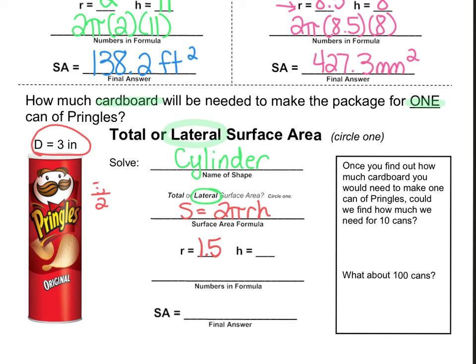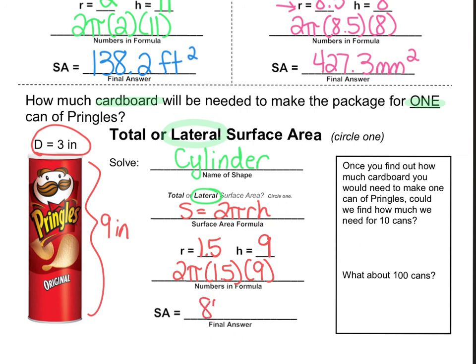One thing that is not on there is the height, so I'm going to go ahead and give you the height. We are going to say that the height is 9 inches. That would obviously be very important to solving the problem. So our formula was 2 pi RH. So it's 2 pi times 1.5 times 9. If we multiply that out, we get 84.8 inches squared.